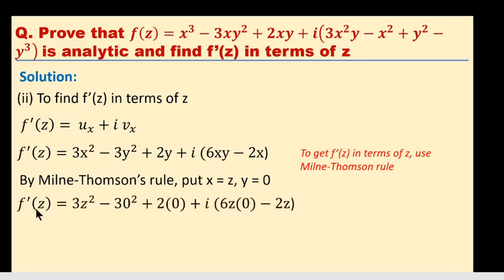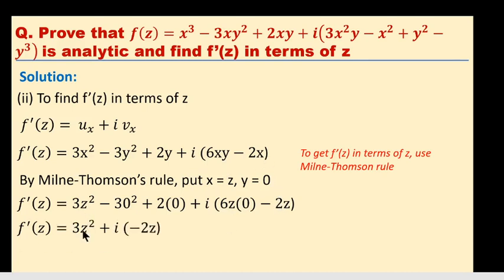So our f dash z becomes 3, in place of x we substitute z, minus 3, in place of y we substitute 0, plus 2 into 0, plus i into 6z into 0 minus 2 into z. Now let's simplify this.